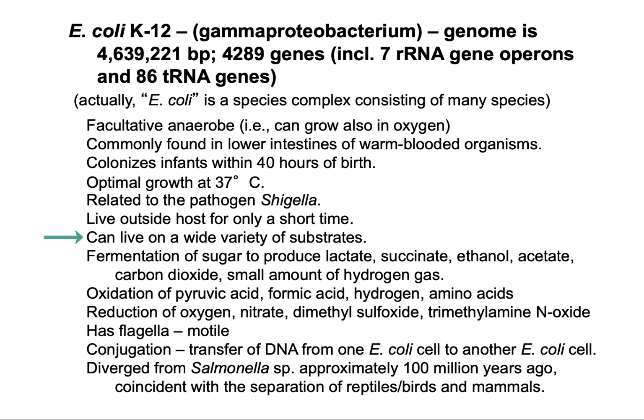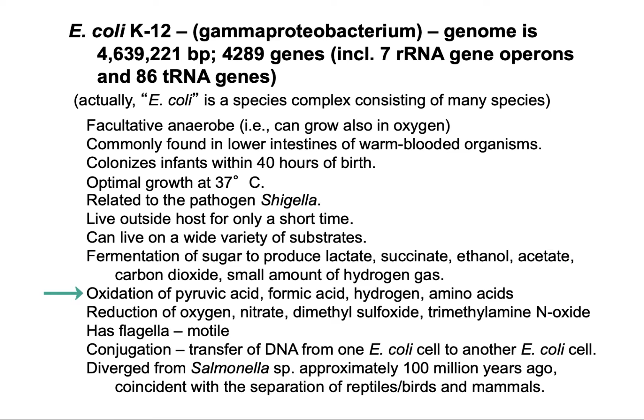It can live on a wide variety of substrates, which also is indicative of the large genome. It can adjust to many different carbon sources, nitrogen sources, etc. So it can ferment sugar to produce lactate, succinate, ethanol, acetate, carbon dioxide, and a small amount of hydrogen gas. So that tells you something about the number of enzymes it needs to do those different processes.